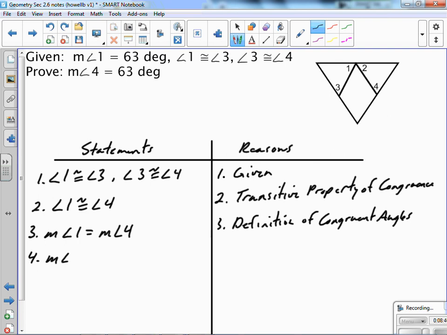So the measure of angle 1 equals 63 degrees, and that's given. And if the measure of angle 1 equals 63 degrees and 1 and 4 are equal to each other, then I can replace the measure of angle 1 with 63 degrees.